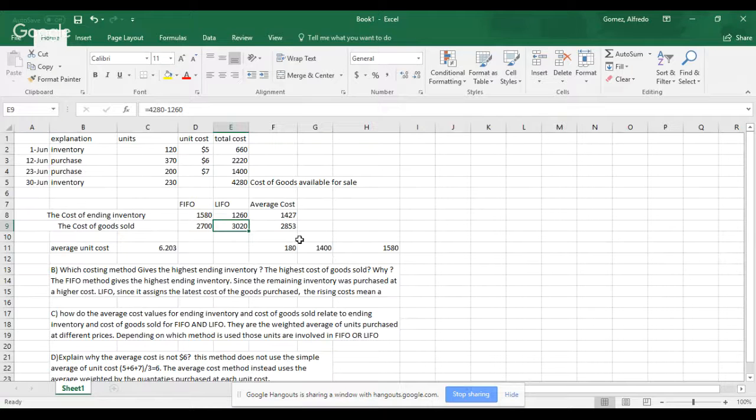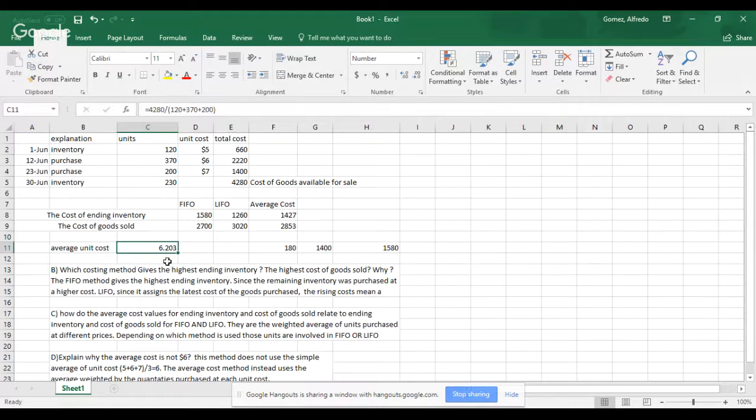Now our average cost is done a little bit differently. We need to find the average unit cost. We calculate the average unit cost by adding up our total cost, which gives us our cost of goods available for sale, and dividing it by the total of our units, in this case 120, 370, and 200.